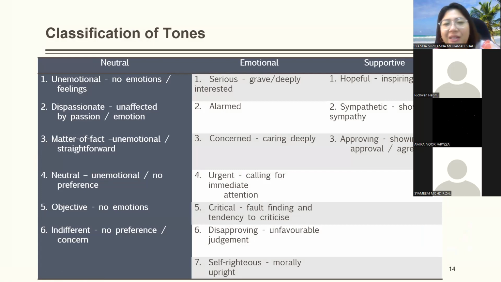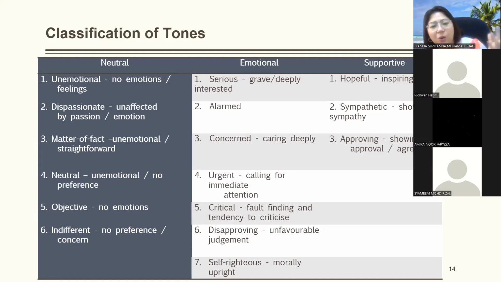Itu emotion lah. Supportive, hopeful, inspiring, hope. Dispassionate, unaffected by passion, emotion, so the emotion shared is alarm. You are alarmed with that, trigger. But when it comes to supportive, definitely you will be sympathetic, whereby you're showing empathy.